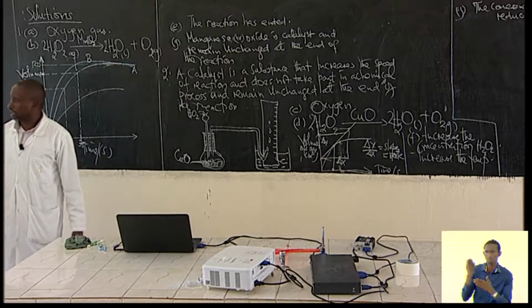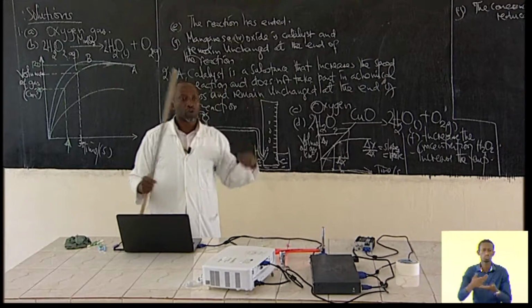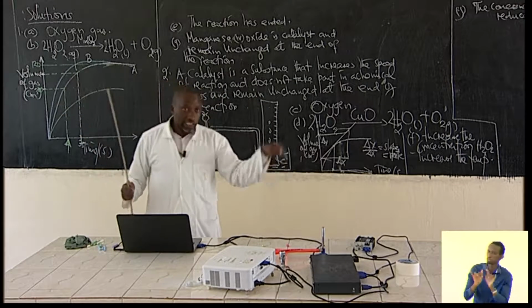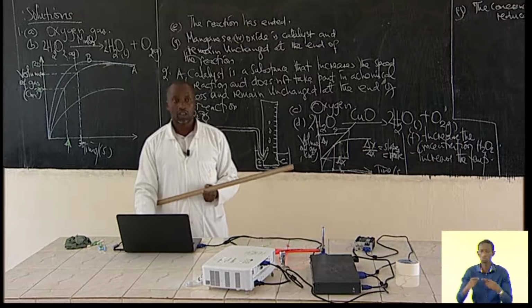After 90 seconds, what do you expect? What do you have in the flask? There is only water, and oxygen has been collected. So you remain with water and the catalyst that you also used. So that is what will be remaining.